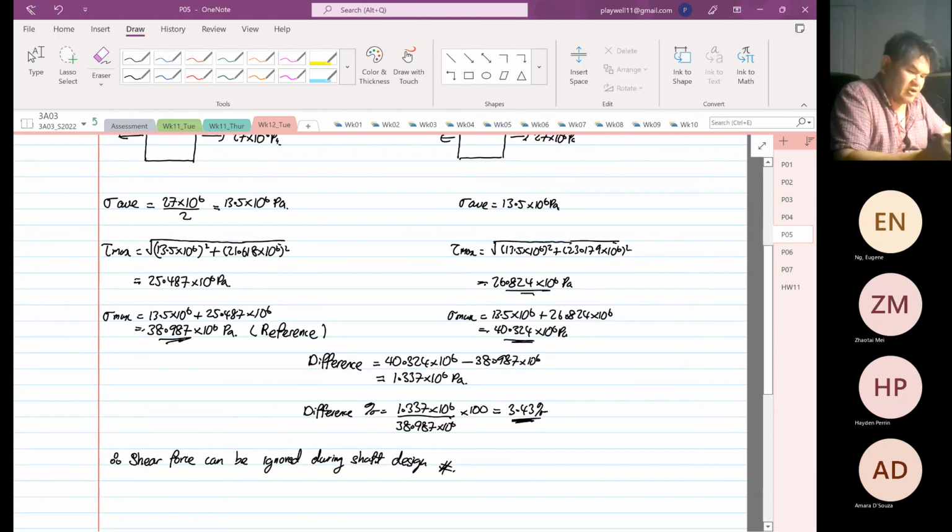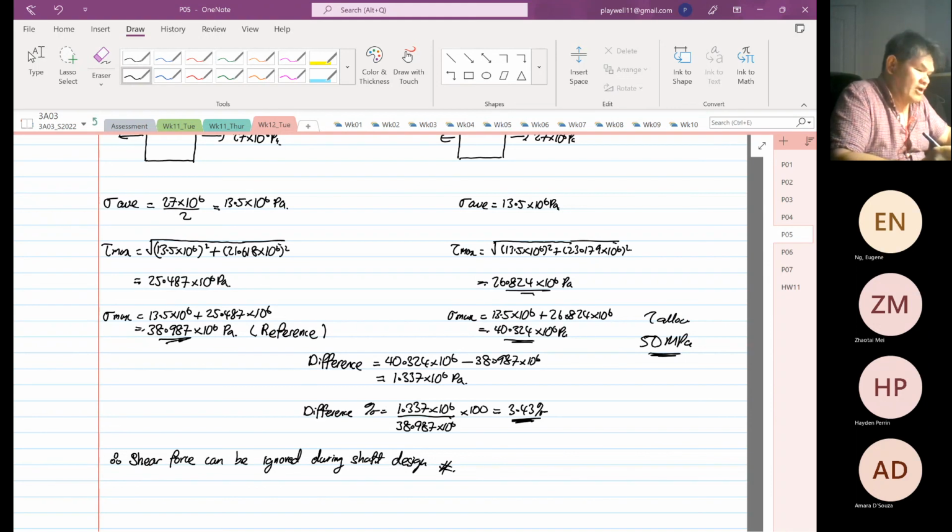And you realize that, remember, our size is controlled due to 50 megapascal. Our shear stress allowable is 50. So you realize that our stress max is 40.324, not really at 50.